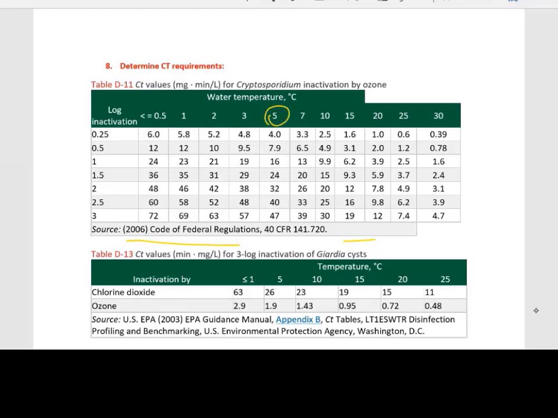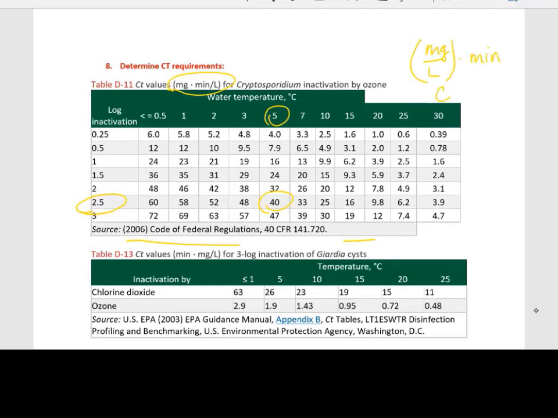We have a temperature of 5 degrees, and we needed 2.5 log removal for Crypto. So that means we need 40, and notice the units here: think of it as milligrams per liter times minute.